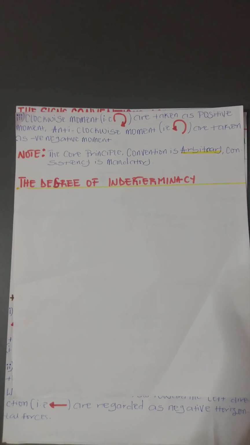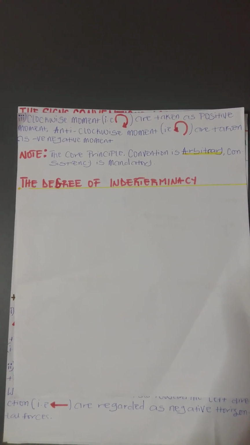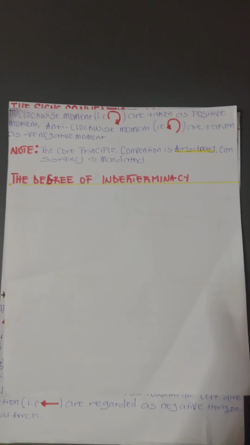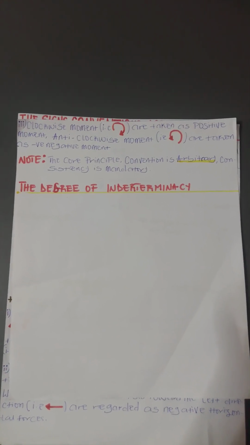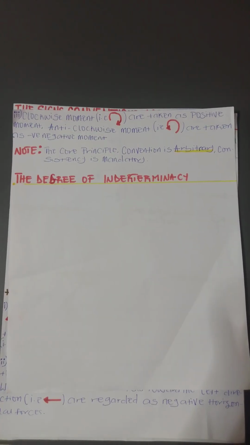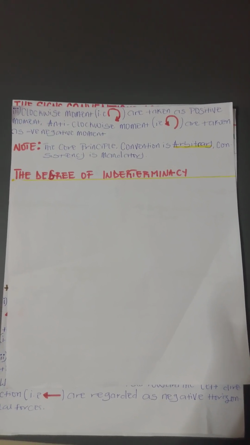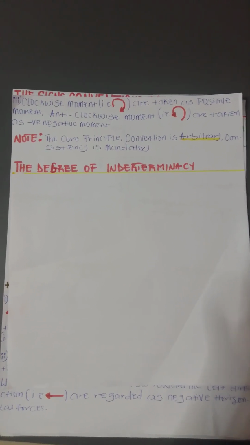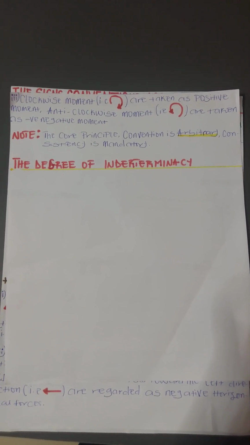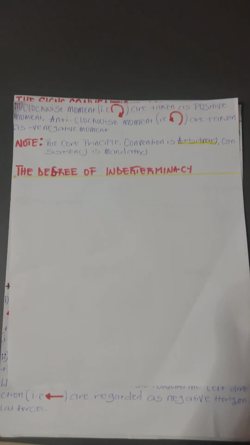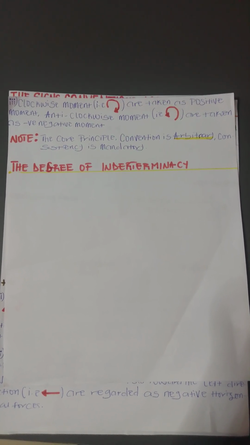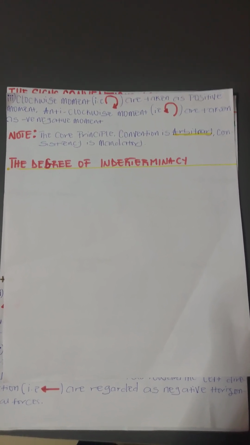Now, key note: the core principle of convention is arbitrary. Consistency is mandatory. What does this imply? It means that the principle of convention is arbitrary. You can choose to make the moment going toward the left direction to be regarded as positive, and you can choose to make moments going toward the right direction to be negative.